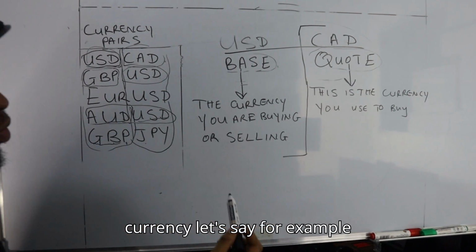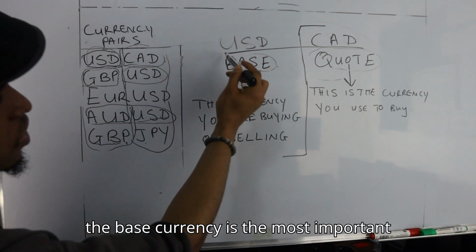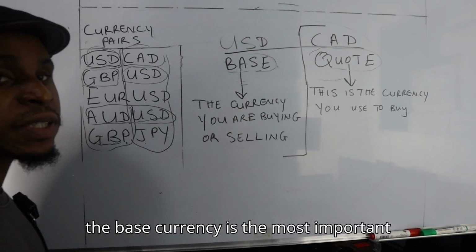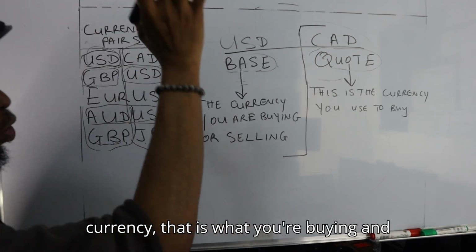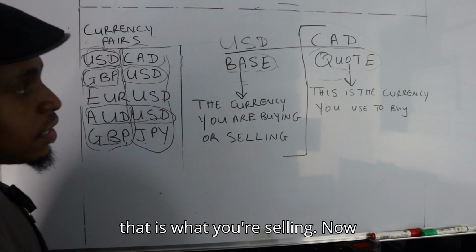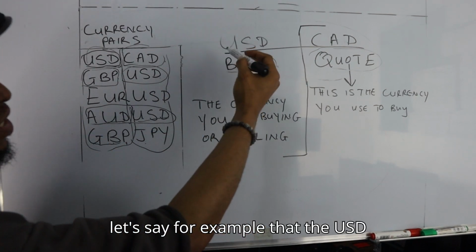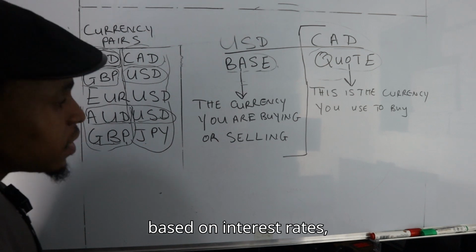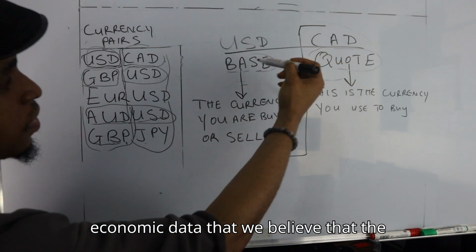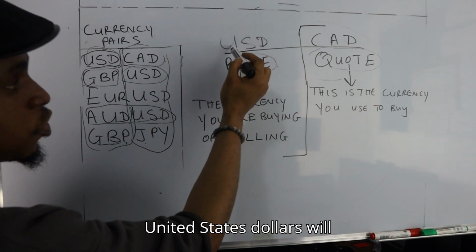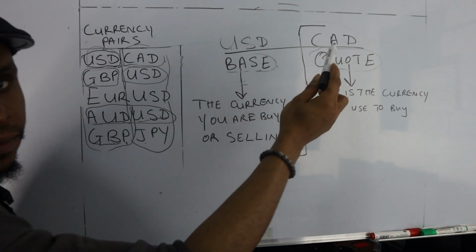Let's say, for example, remember I said that the base currency is the most important currency. That is what you're buying and that is what you're selling. Now, let's say, for example, that based on interest rates and economic data, we believe that the United States dollar will strengthen against the Canadian dollar.